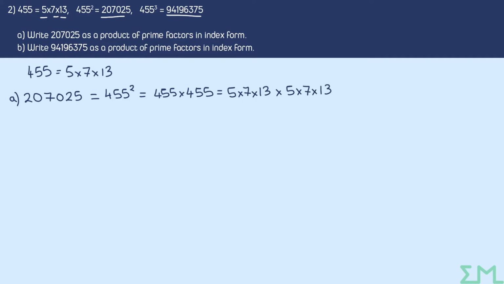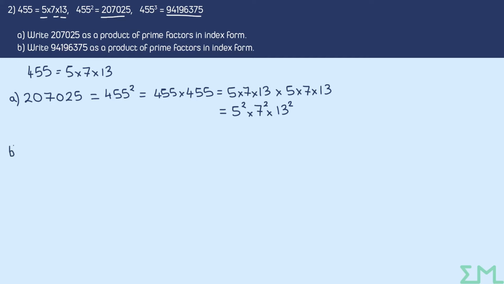All we need to do then is collect together prime numbers that are the same. So we've got 5 that is squared, a 7 that is squared, and a 13 that is squared. Okay, so you can write them out individually like this, just so you can be absolutely sure that you've got all the prime factors that you need.